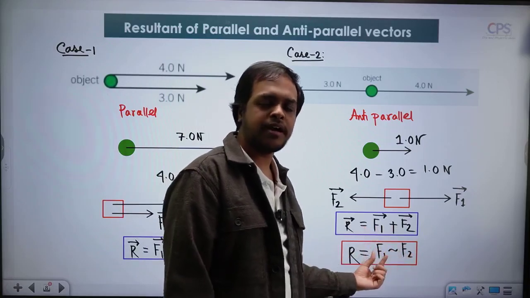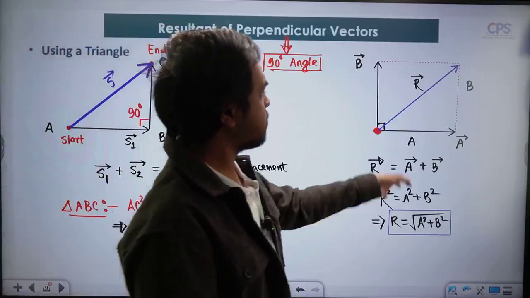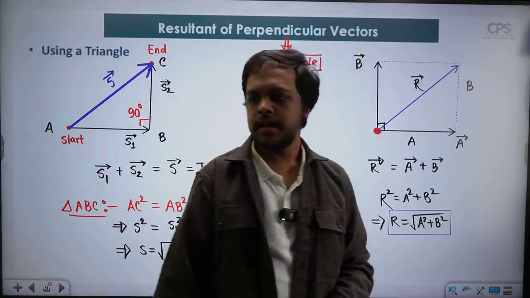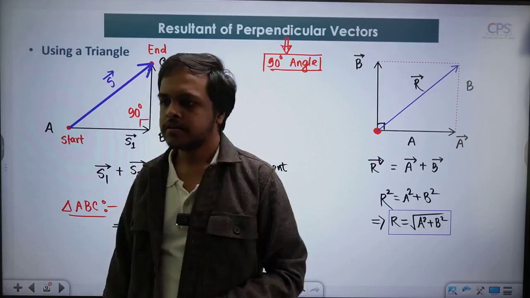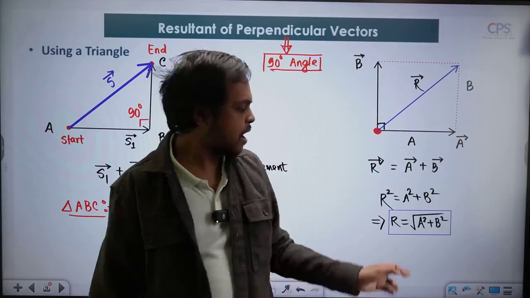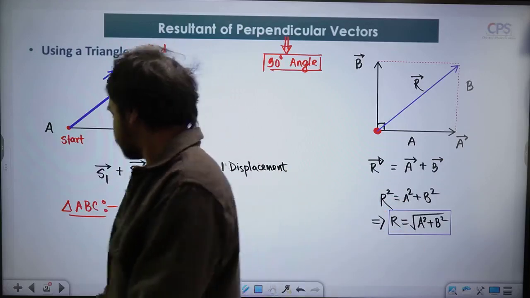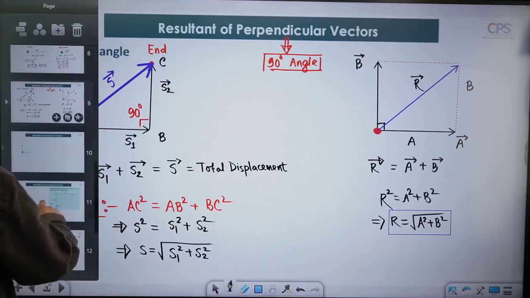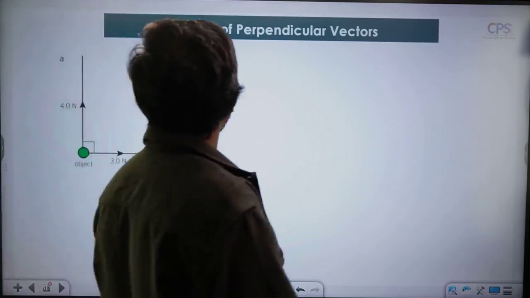Subtract the smaller one from the bigger one. And if two vectors are perpendicular to each other, it is root over one square plus another square. If you can't remember it, remember the Pythagoras theorem. You can remember it. So, let's dive into some mathematical portions.